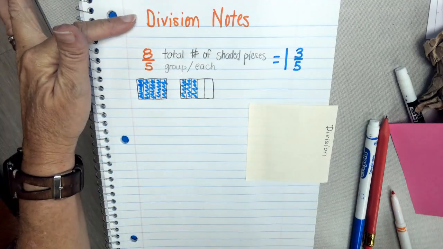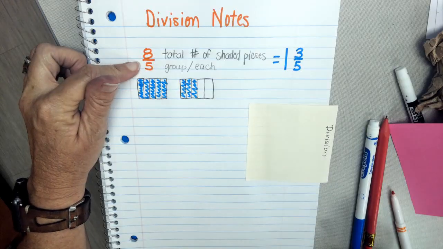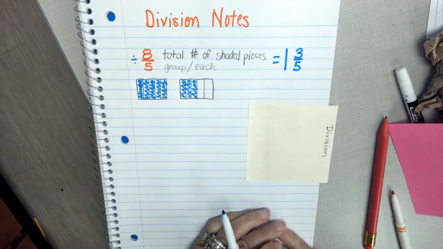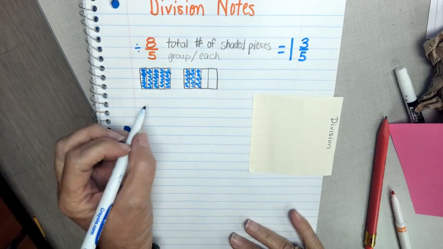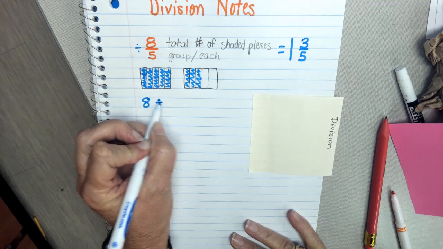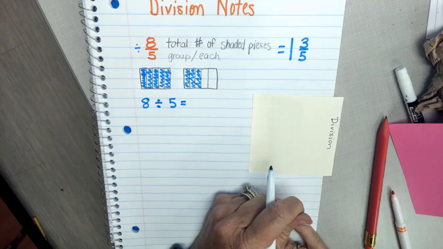So you're probably thinking to yourself, well, Mrs. Barlow, how does this relate to division? What that fraction bar actually means is divide. It actually means 8 divided by 5 is going to give me a number.